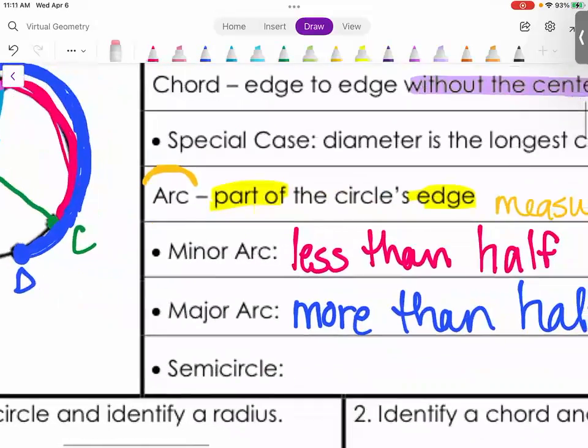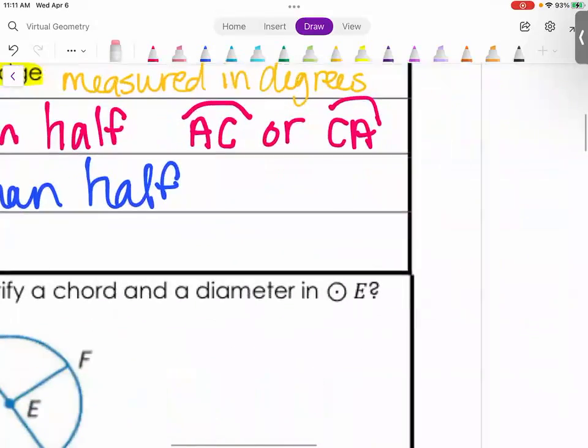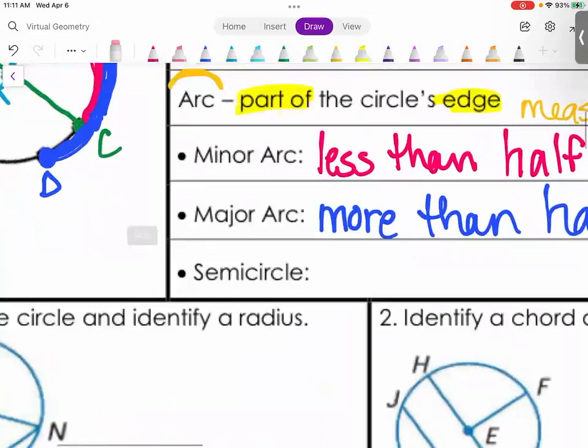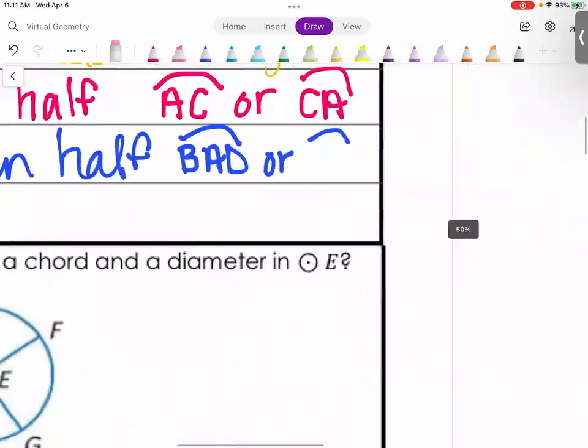So we're going to name this both ways. Again, major arcs must have 3 letters. So we have arc B, A, D. Again, you can reverse those 3 letters, or we could use the C instead and have B, C, D.